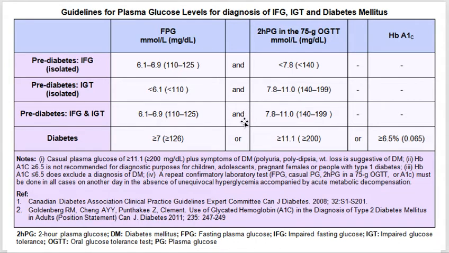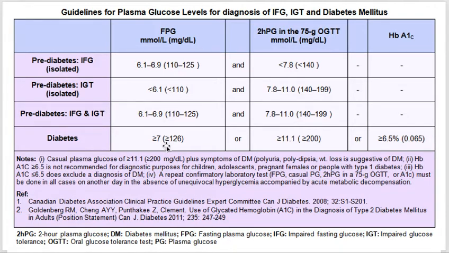Patient number three, you can see, has an abnormal value of fasting plasma glucose as well as abnormal values of OGTT. So these two are definitely abnormal, but definitely not normal and not diabetic. So we call it a pre-diabetic state, and they have both impaired fasting glucose and impaired glucose tolerance.